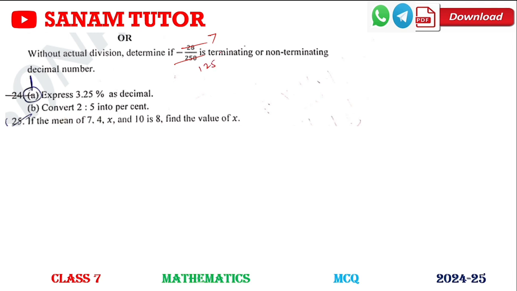Now the denominator is 125, take factor 5: 25, 5 5s. Yes, the denominator is a product of the prime factor 5. So yes, 28 by 250 is a terminating decimal representation.